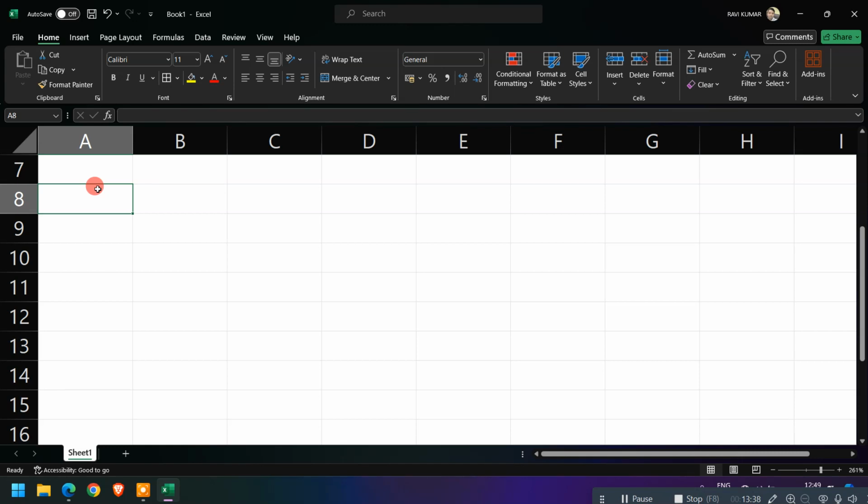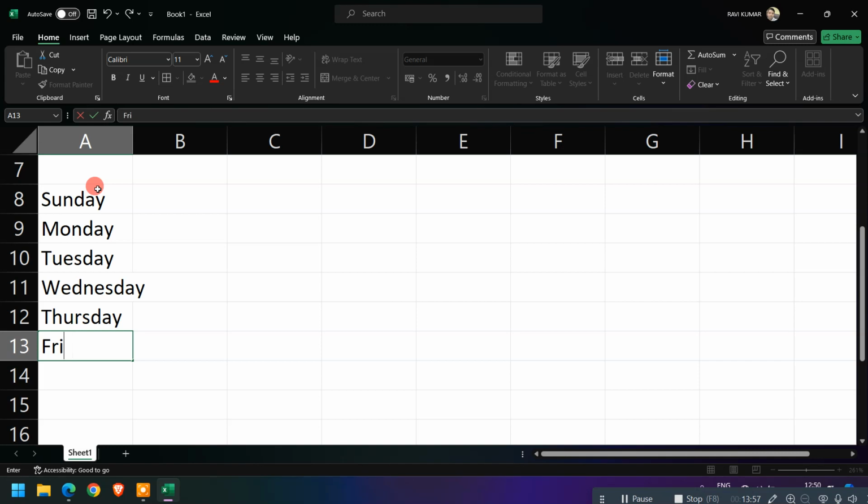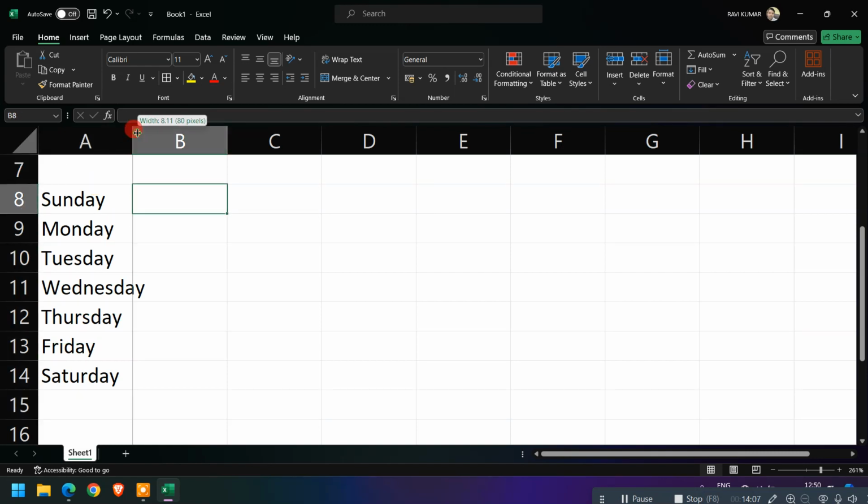I have my expenses on Sunday, Monday, Tuesday, Wednesday, Thursday, Friday, Saturday. Okay, so here I am going to display my weekly expense.